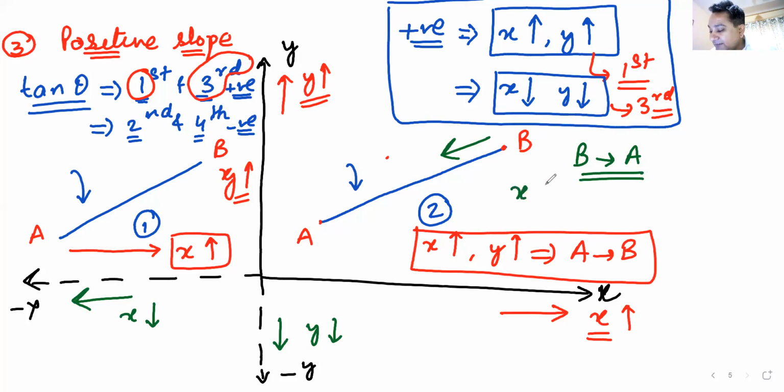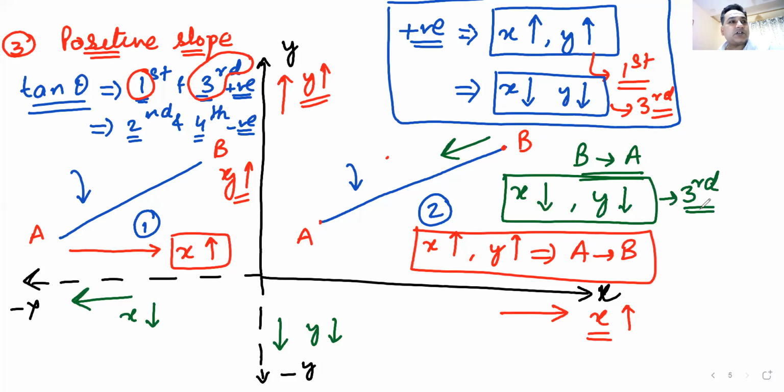Yes, X is decreasing. At the same time, Y is decreasing. So this one lies in the third quadrant, and this one lies in the first quadrant. Am I clear or have I confused you?